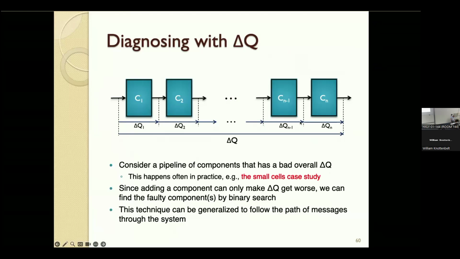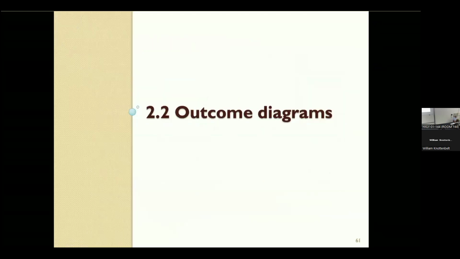You can pinpoint the problem and find out which component is doing badly. This is the approach that was used in the small cells. So this is the first part of what I want to talk about: designing and diagnosing with ΔQ.